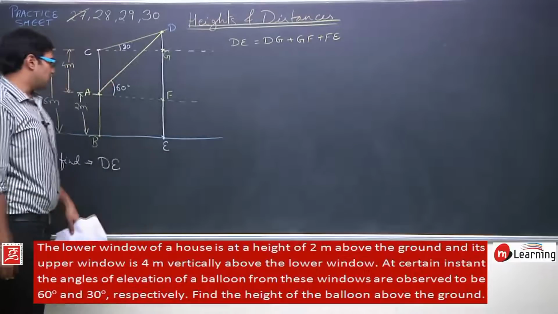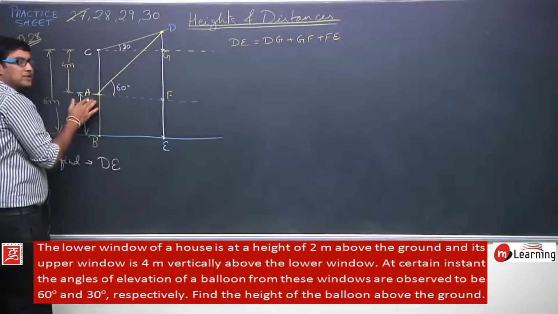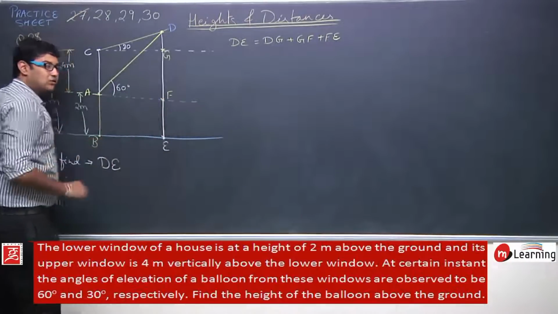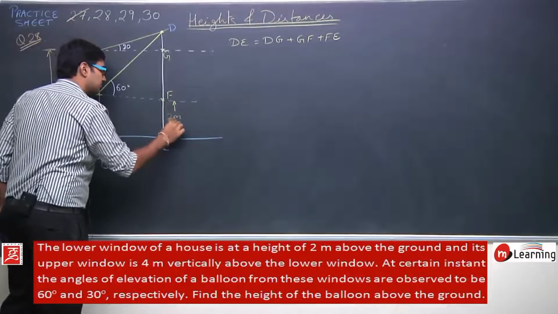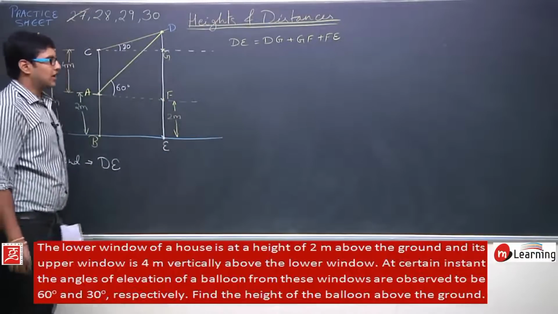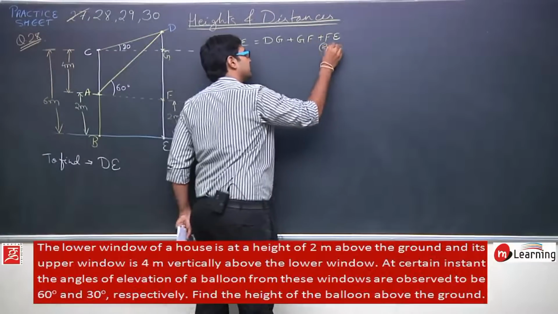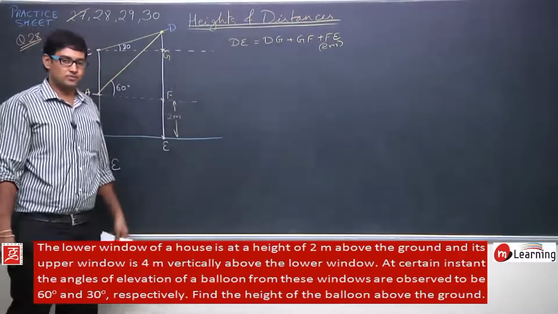Now you can see this AF represents a horizontal line drawn from this point A. So AB and this FE both are equal. This is 2 meters, so definitely this is also 2 meters. So I have the value of FE as 2 meters. Then what about the value of DG and GF?